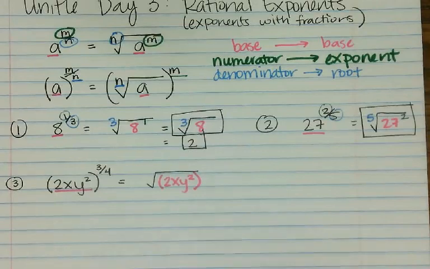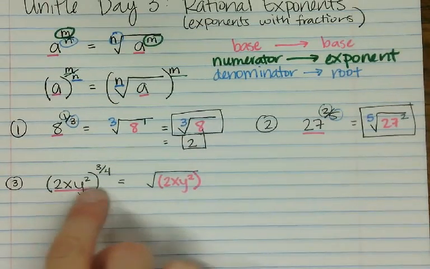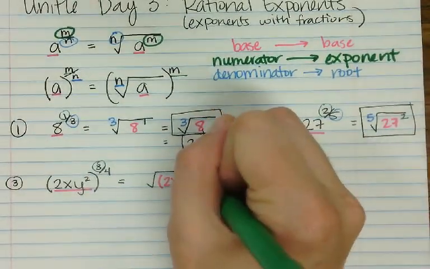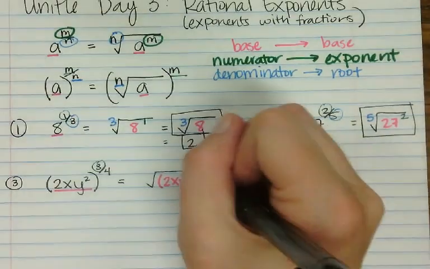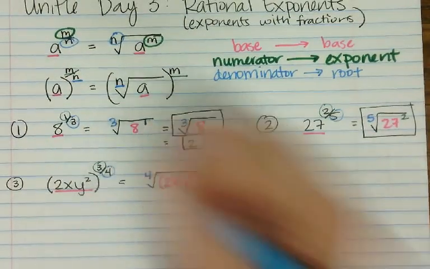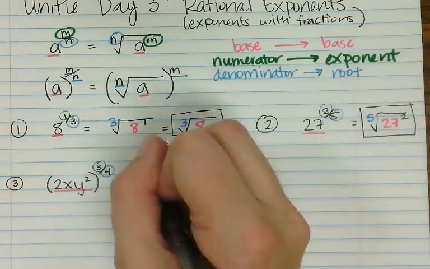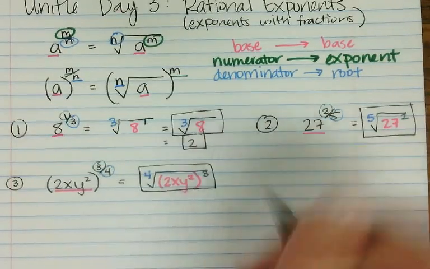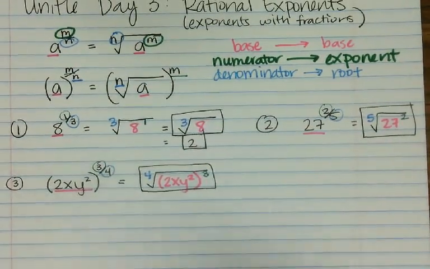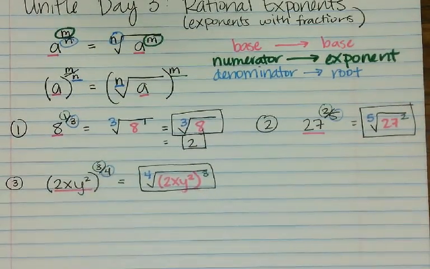All of it together because it's inside that parentheses. My numerator becomes my exponent here, and my denominator becomes my root. So you could see it written just like this. That's all I'm asking you to do, just to rewrite it. I'm not asking you to bring it power to power or anything like that. I just want to know that you can rewrite it from one to the other.